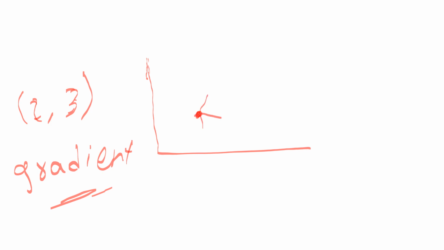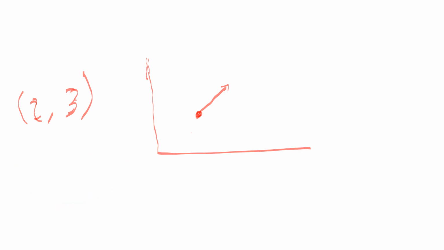There are many ways to travel. This gradient will show, for example, in this direction we have to move. After getting the path, the next thing is we have to know how much distance we have to travel.